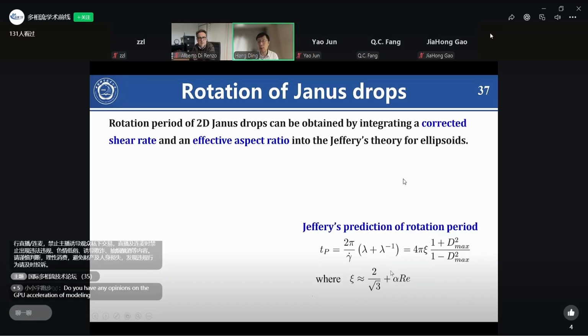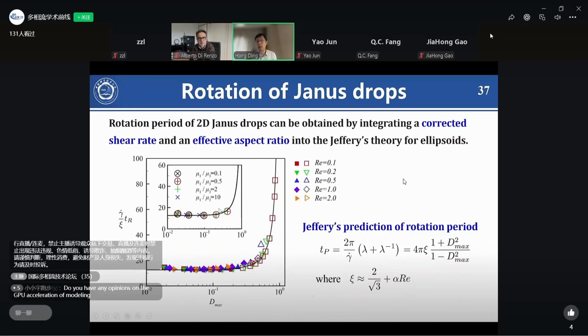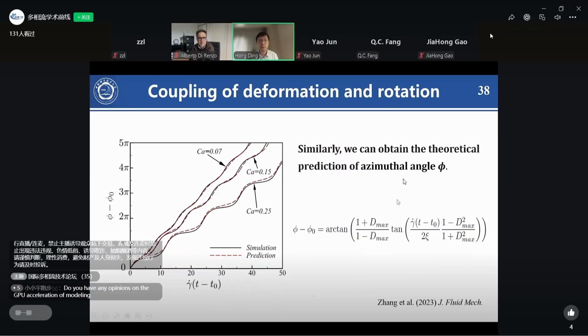It would have a function like this. How good is it? We put our theoretical prediction here, also the numerical results. It seems all the results collapse onto a single curve. That shows that our theory gives quite a good prediction here.